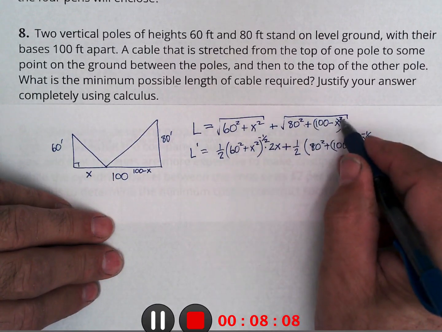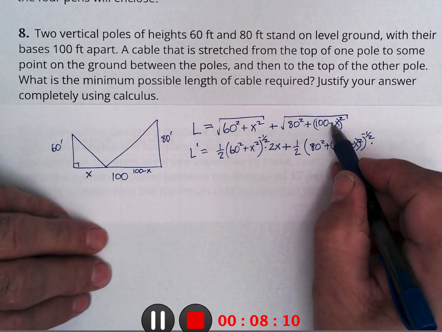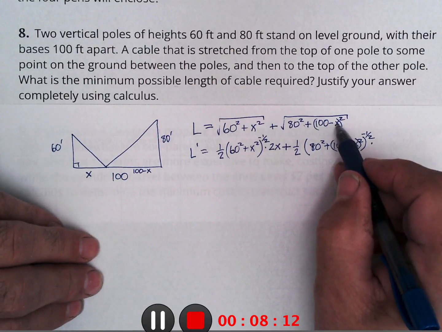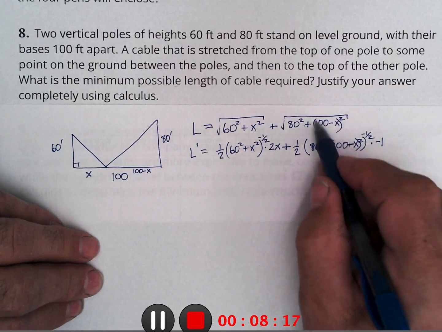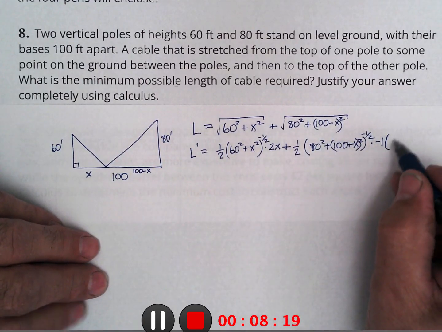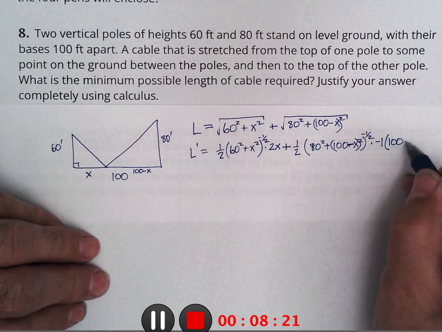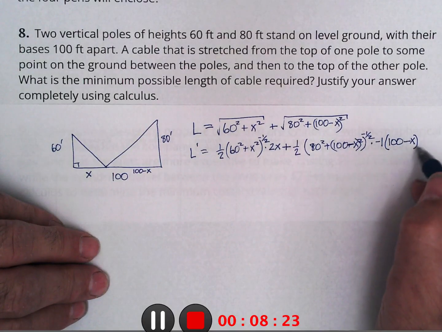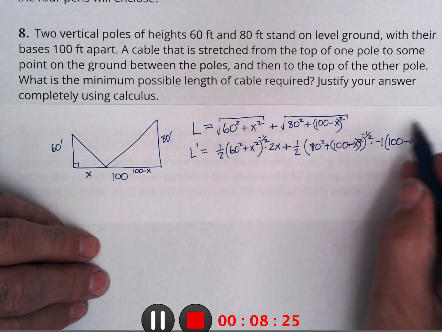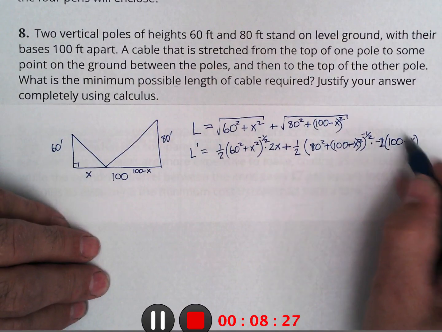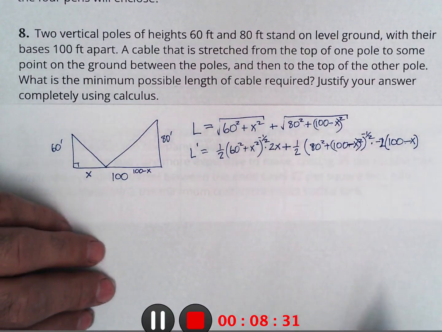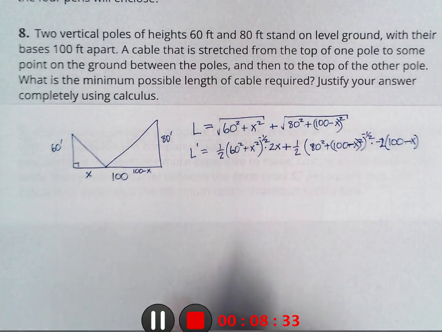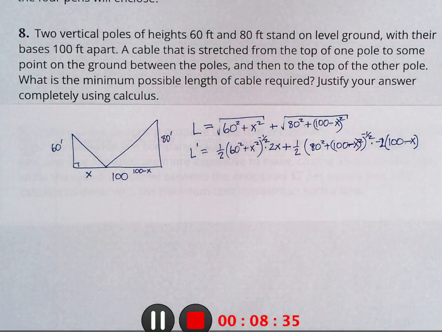The derivative of that is negative 1 times 2 times 100 minus X. So there's the derivative, and that's pretty messy.